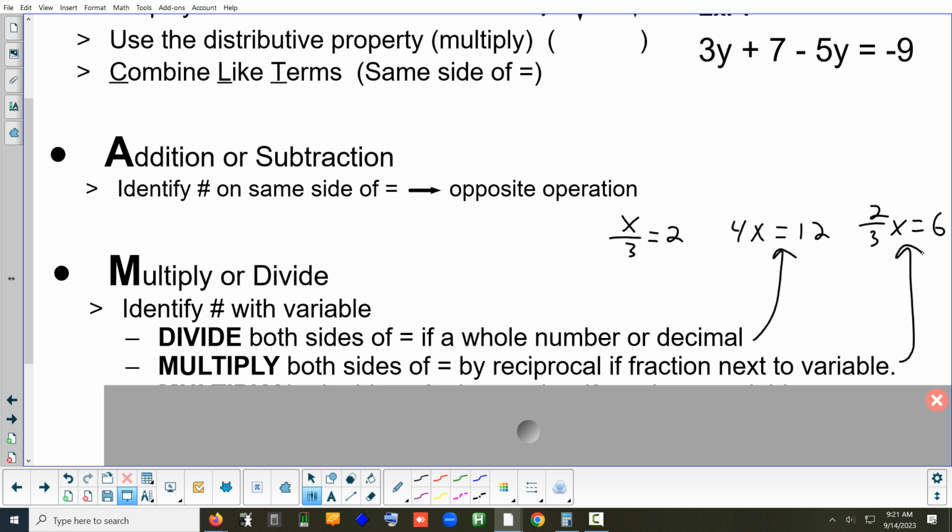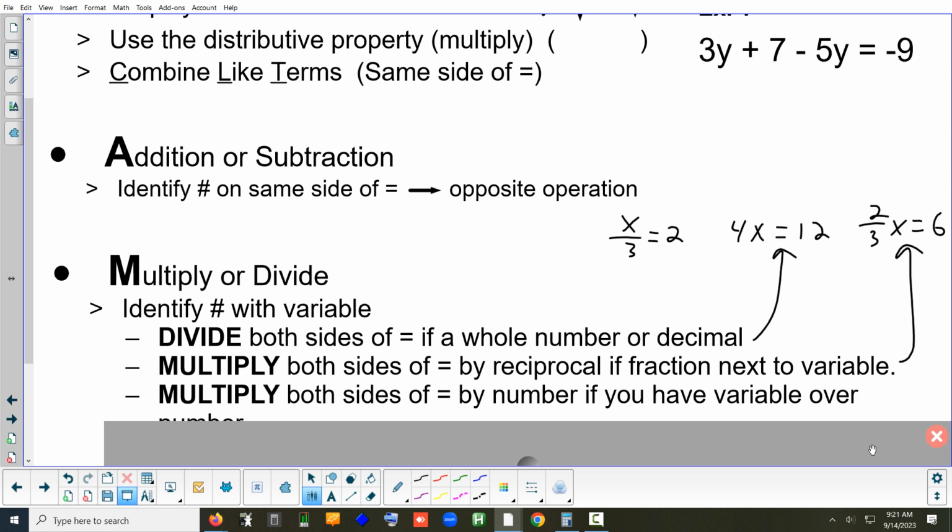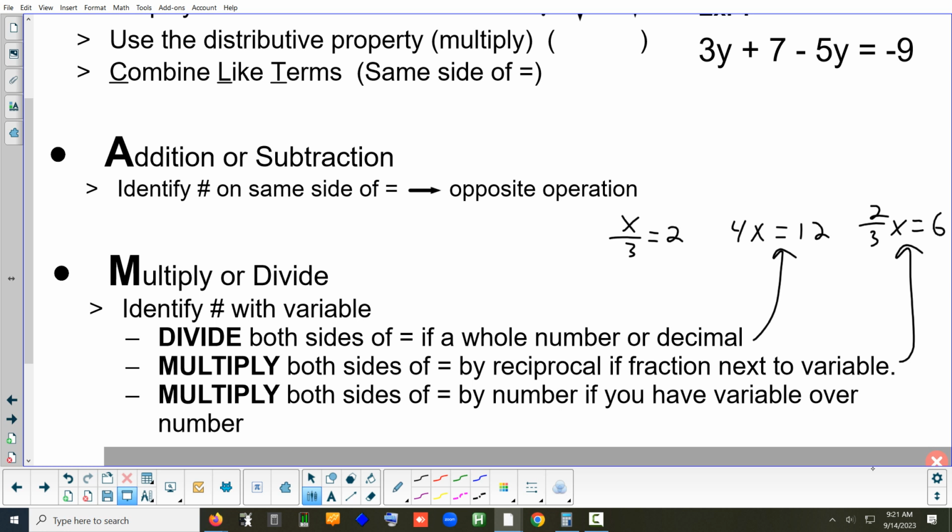And the last case is the one I haven't put an arrow pointing to yet. That's when you have a letter divided by a number. So if you have a variable over a number, just like that, letter over a number, you multiply both sides by the number.